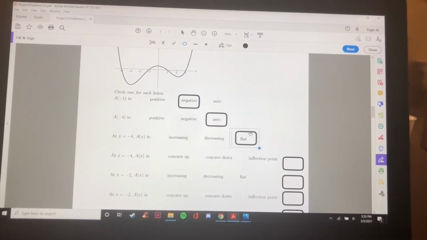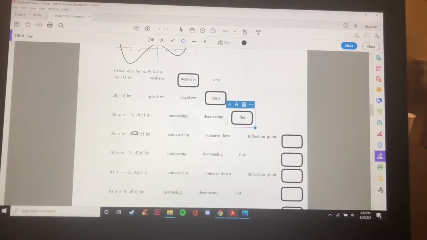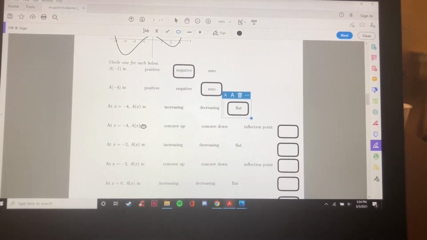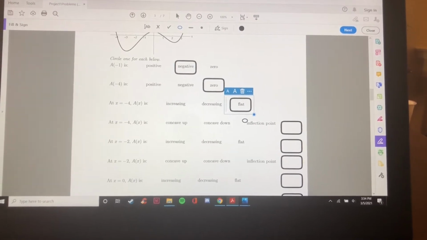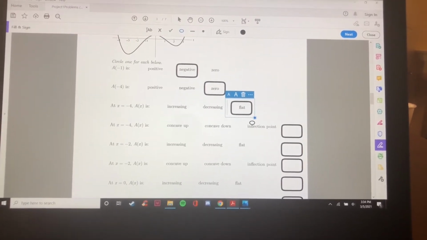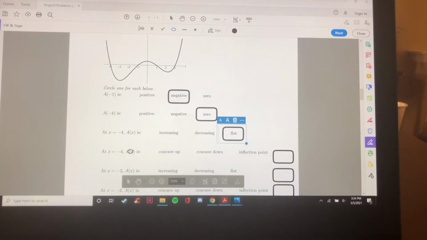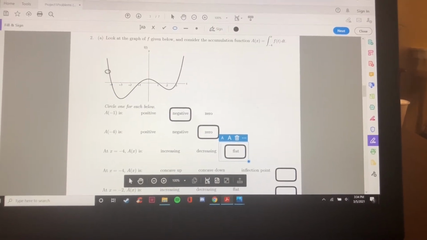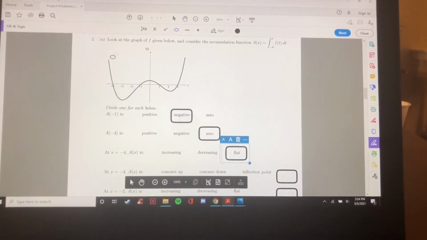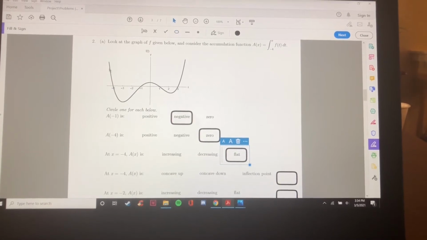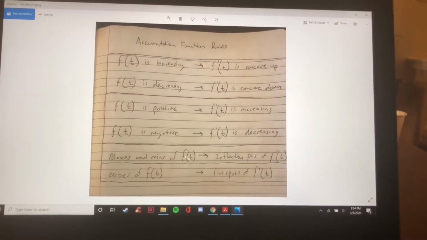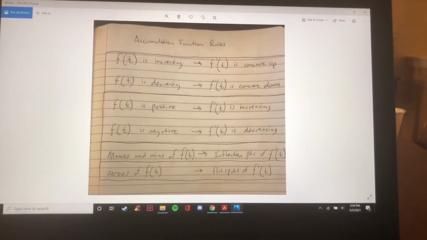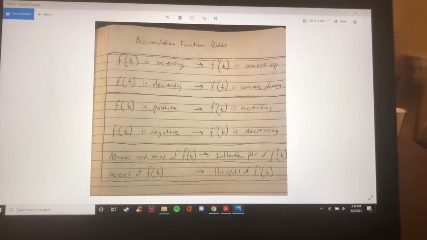So the answer here is flat. At x equals -4, A of x is concave up, concave down, or inflection point? Well, at x equals -4, you can see the line is decreasing. And what does that mean? The accumulation function is going to be concave down.